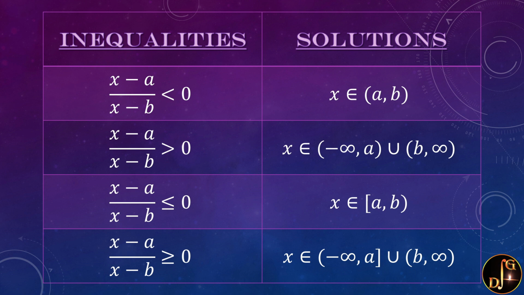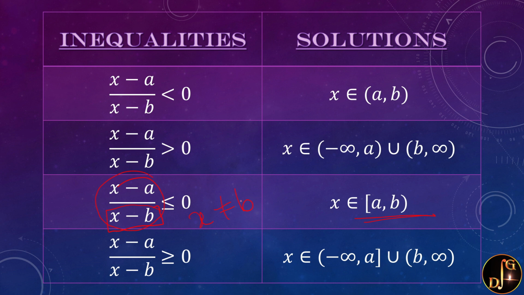But if we have less than or equal to 0, there comes the difference. Here we have (x minus a) divided by (x minus b) less than or equal to 0. Now we will not get the closed interval a, b. We have a semi-closed, semi-open interval because the denominator cannot be equal to 0. x cannot be equal to b.